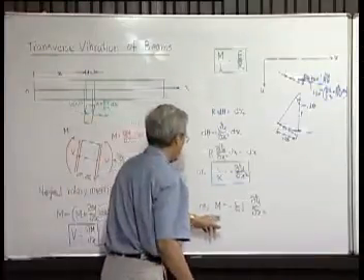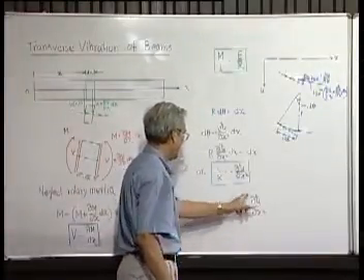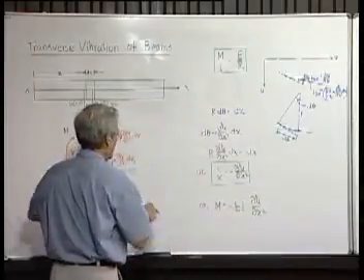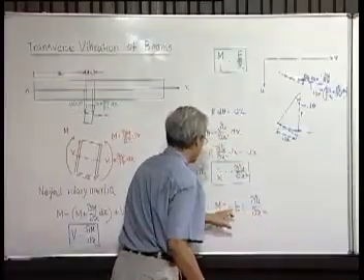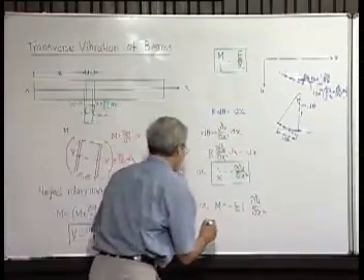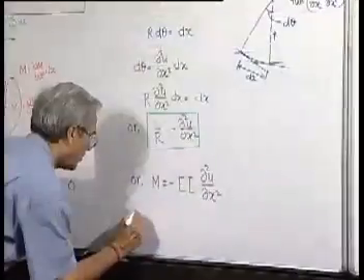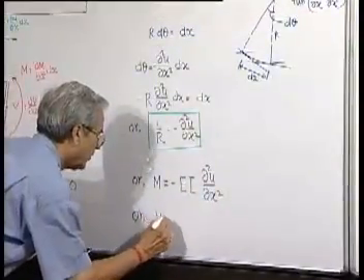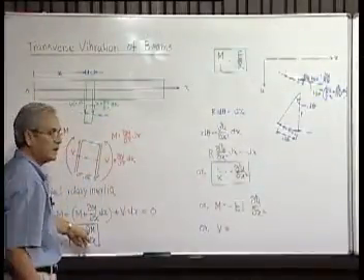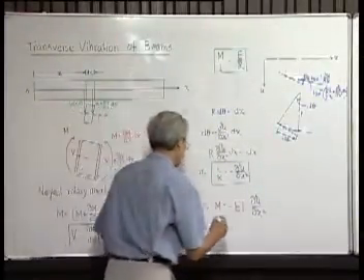So, to maintain this sign equality, and this is always negative, for positive m, del 2u del x square is negative. Therefore, this minus. Now, v is actually del m del x, so it will be minus EI del 3u del x cube.